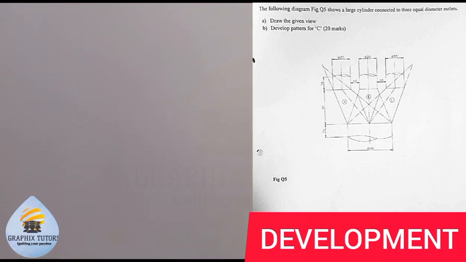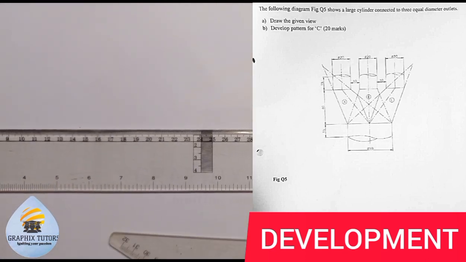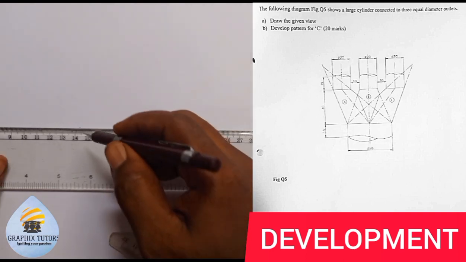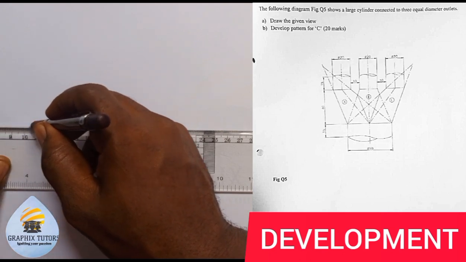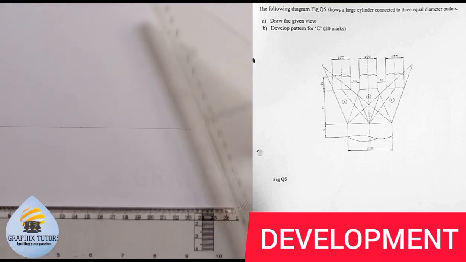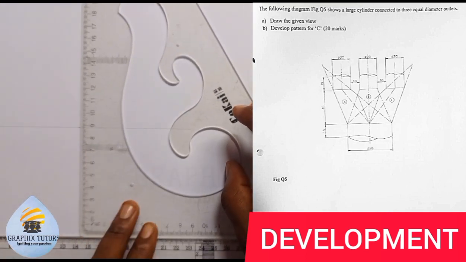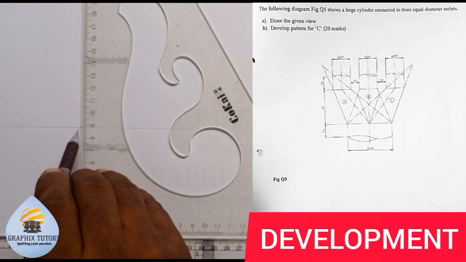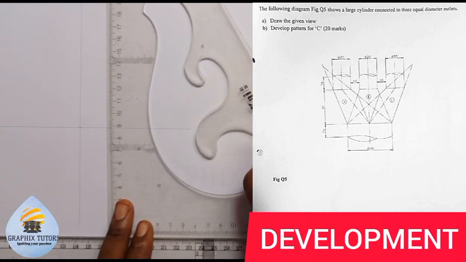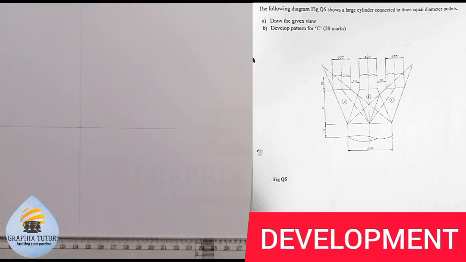Like I always tell you, the first thing you should do is to draw your horizontal axis, X and Y. So if I place it this way, I'll draw my X axis, and also my Y axis. Hope you can see that. Now after that, we'll start from the diameter at the base here, which is given to be 50.